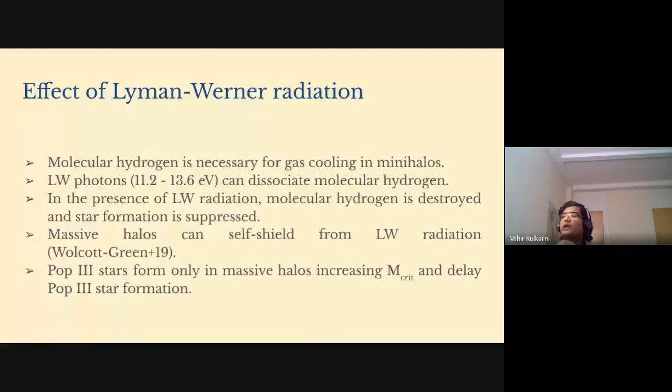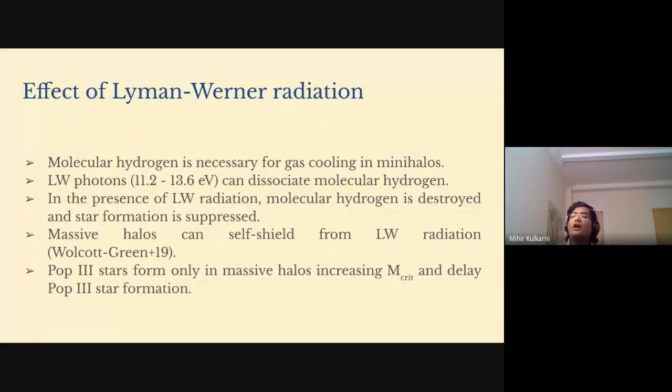So there's not only one first star in the universe, right? There are different halos, and in them you form these so-called first stars, or population 3 stars, at different times. Suppose you form population 3 stars in one halo, and those stars start to emit Lyman-Werner radiation because as they're bright, they emit light in all wavelengths, more or less, but they also emit light in these Lyman-Werner bands.